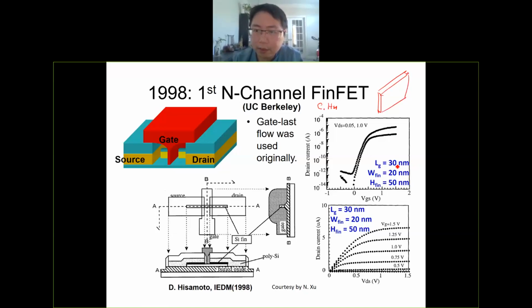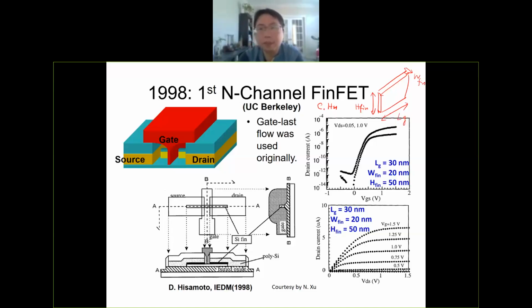So in this case, the width of the fin, which is this W fin, is 20 nanometer, and the height of the fin is 50 nanometer, and the gate length is 30 nanometer.